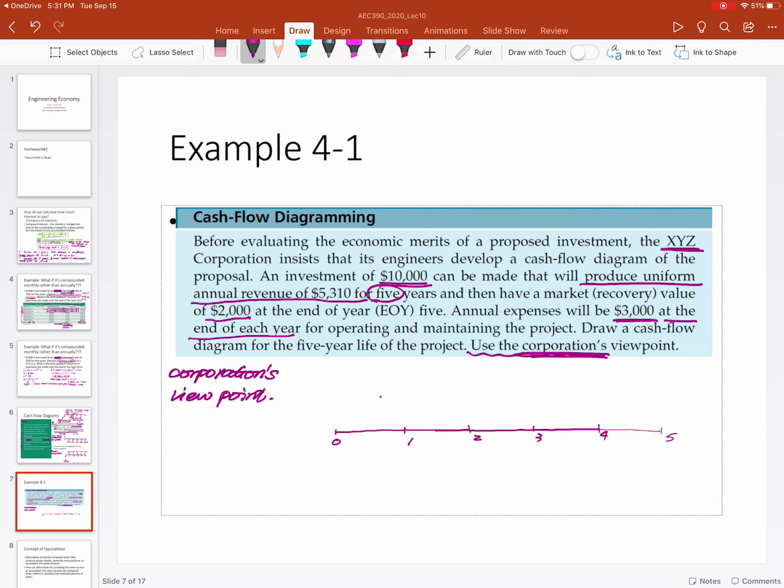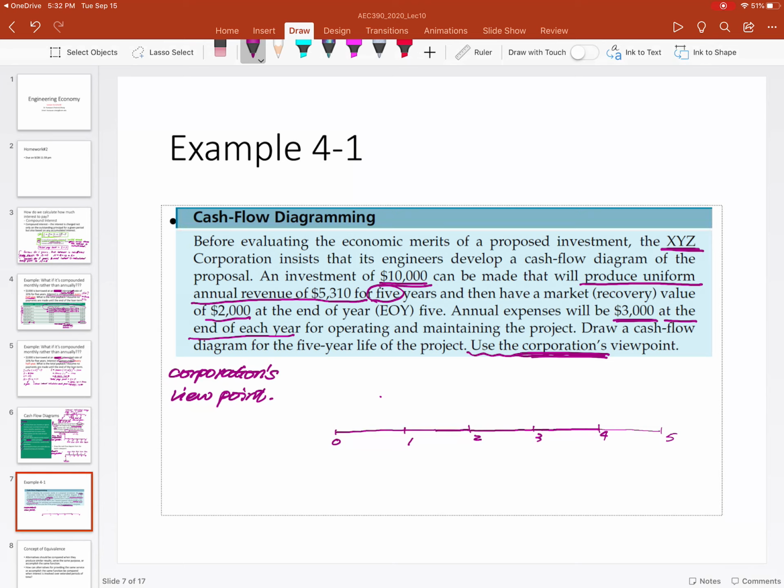You invest that much means that's the outflow, right? You give out this 10,000 to somebody else to do the project. So if it's an expenditure, that arrowhead should be going downward. Okay, and look at that, 10,000 is the biggest chunk of money in this statement. So that's the longest line.